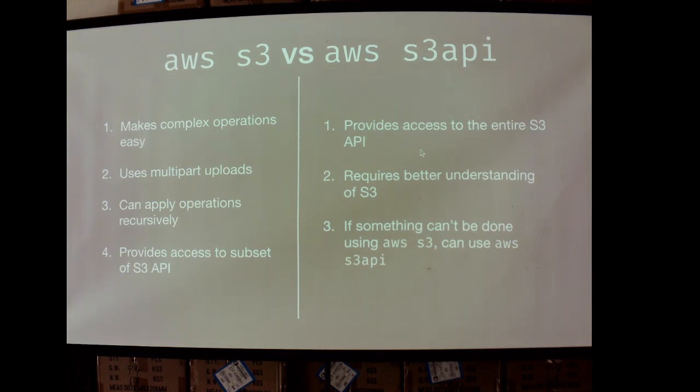So everything you can do on the console, you can do using this service here. It requires a better understanding of S3, and it follows more the patterns of the other CLI services that you'll run into. But if something can't be done using AWS S3, then you can use S3 API to do it.